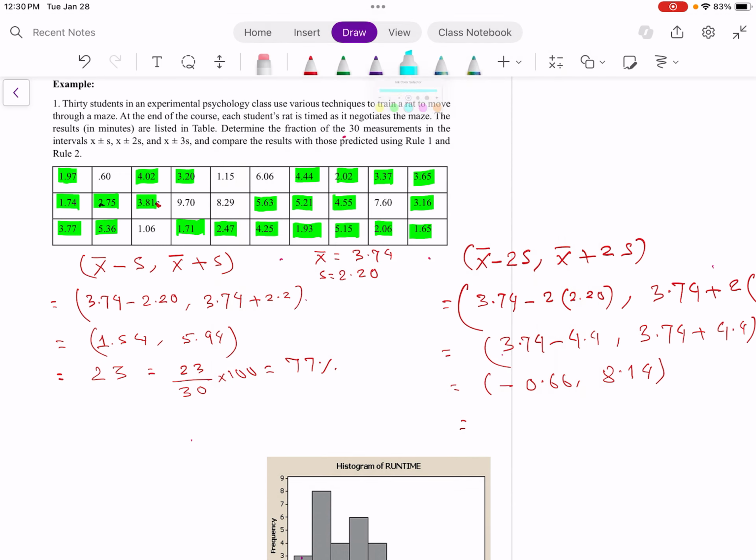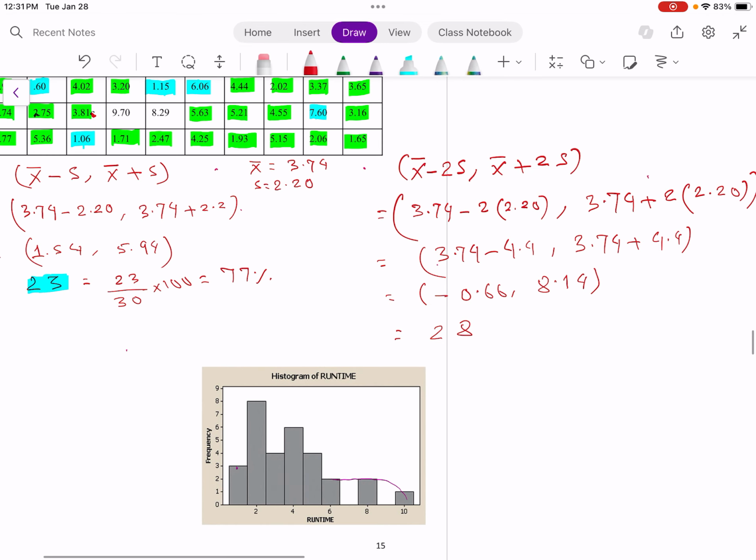We already have 23 measurements. This measurement belongs to the interval, this also: 1.15, 6.06, 7.6. So we have 23, 24, 25, 26, 27, 28. So 28 measurements are within 2 standard deviations of a mean.